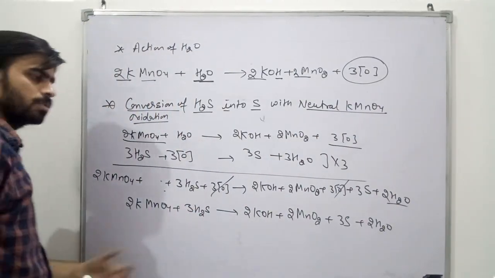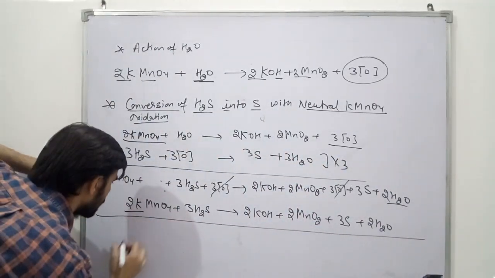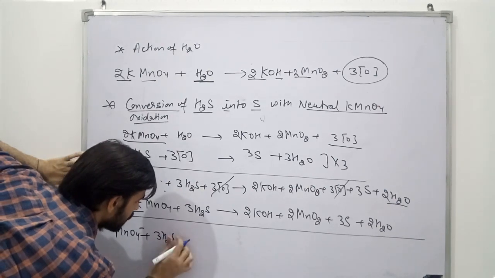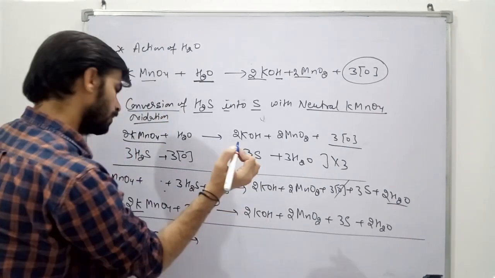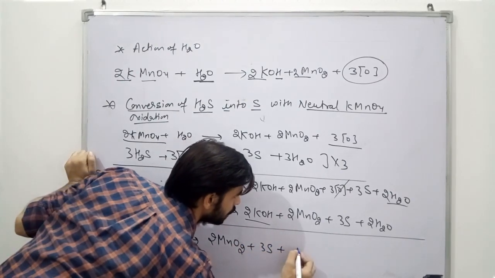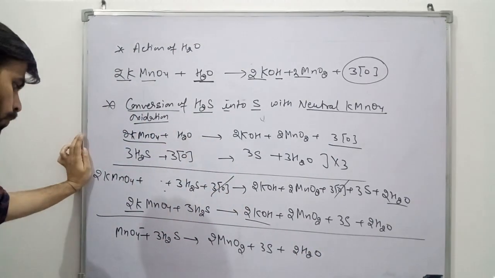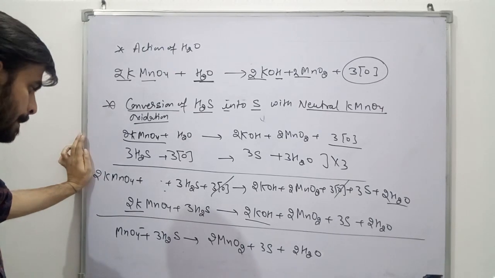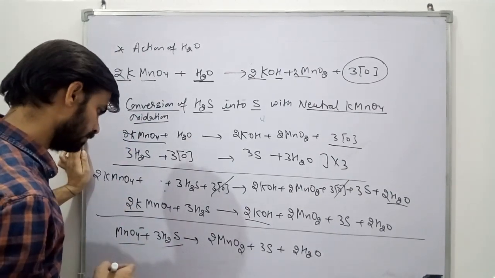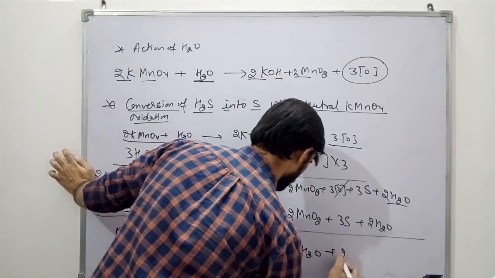We can also have its ionic equation. For the ionic equation, we have K positive and MnO4 negative plus thrice of H2S gives, we have to neglect the KOH, twice of MnO2, 3 times of sulfur and twice of H2O, and twice of OH negative.